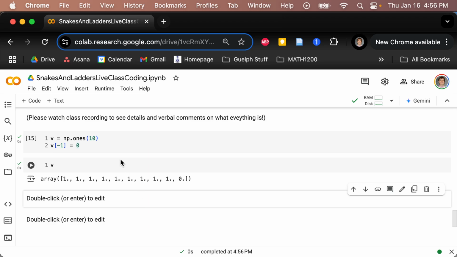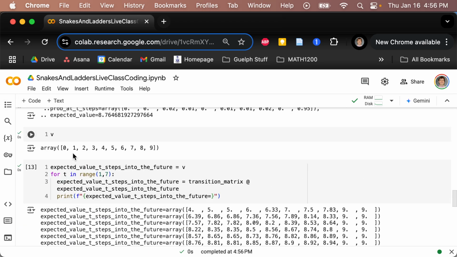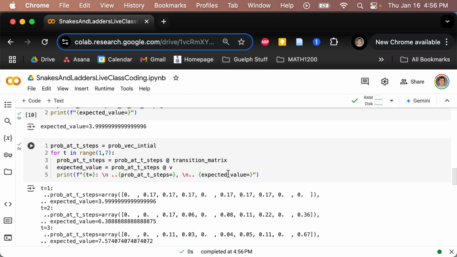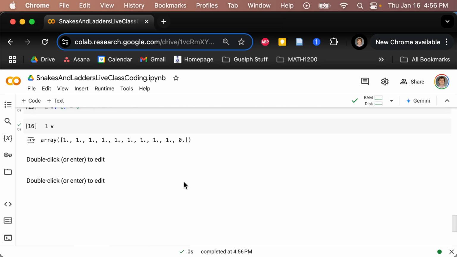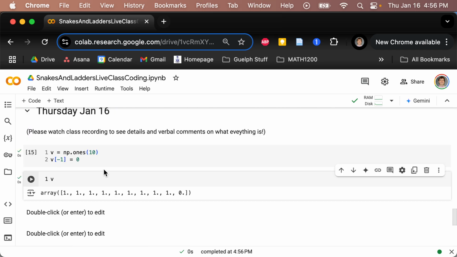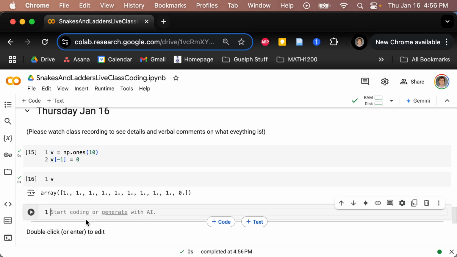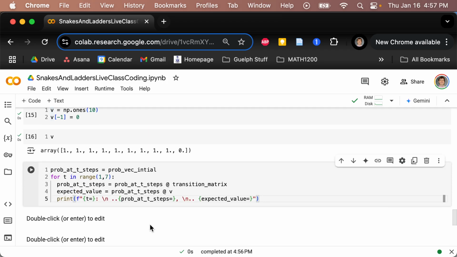And now I want to do this sum. Let me copy the nice code I wrote last class, where I did the other half of this thing. Let's look at this loop. In this loop, we're finding the probability at time 0, and then the probability at time t.